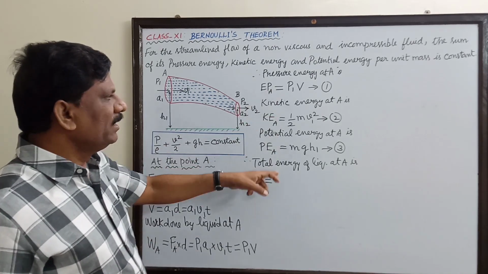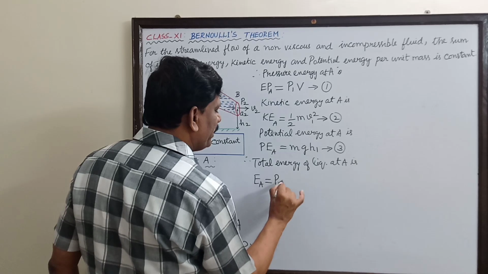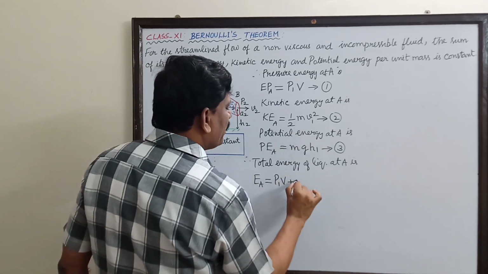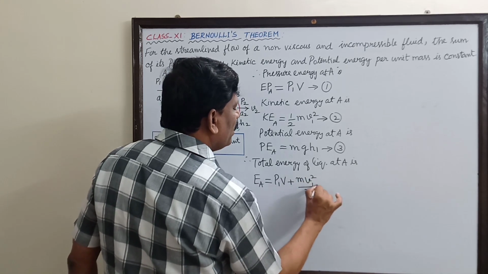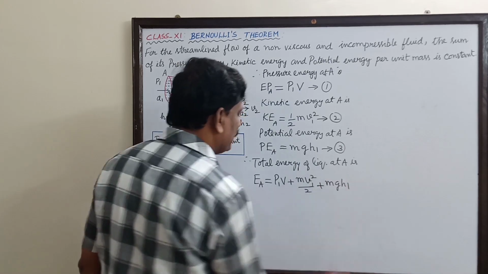So I have to add all these three terms on the right hand side: P1 V plus m V1 square by 2 plus m g h1.